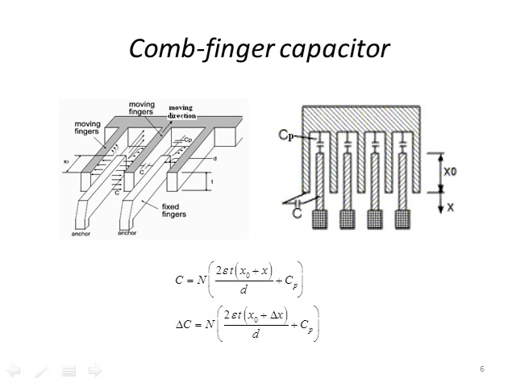There are also comb finger capacitors, and you can see on the picture on the left that the overlap capacitance is dependent on basically these fingers that represent plates, and we ignore the end capacitance there, which is called CP, which is the parasitic capacitance.